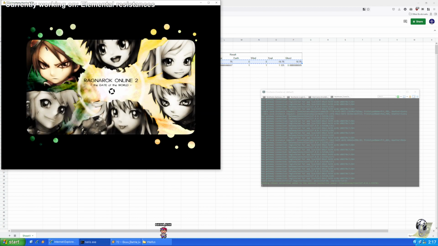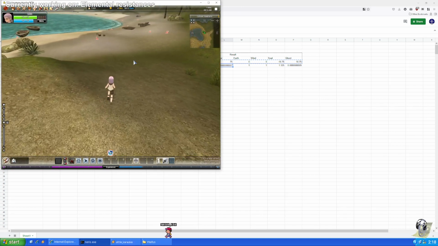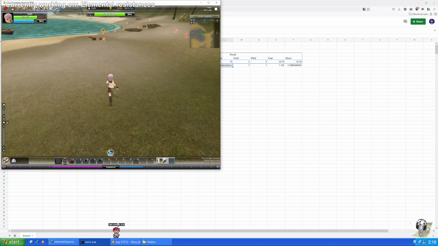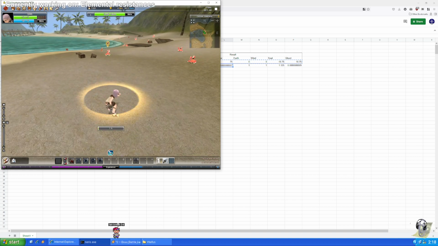And let's try. So for small ones, when attacked by fire, it's gonna be 1.5 the damage. When attacked with water, it's gonna be 0.6. So let's try fire.